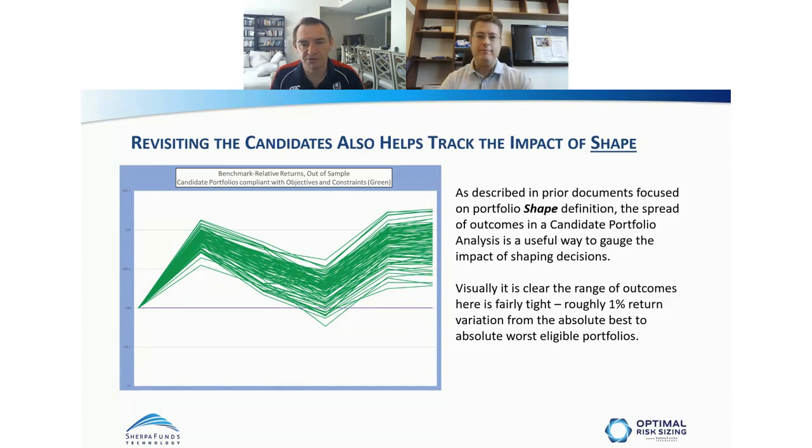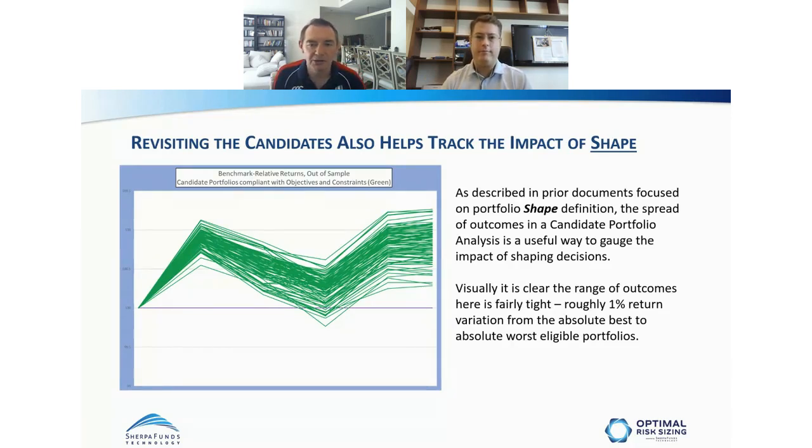You can create shapes which are slightly difficult to accomplish, which has the impact of really reducing how many possible outcomes you could have and having a much broader spread between them. So if you move one asset slightly, then it forces lots of other changes in the portfolio to maintain sector parity or whatever shape you set.